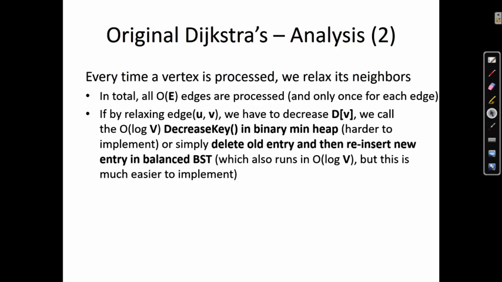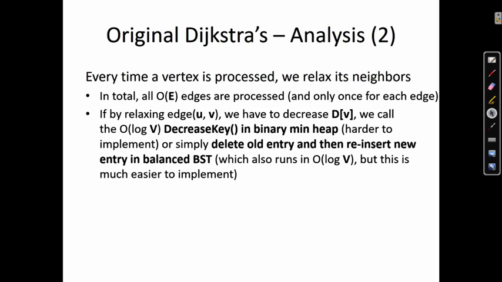Same thing when you relax. Imagine each edge causes a relaxation. Then I need to call the decrease key function. You can implement decrease key using a binary heap in O log V time.